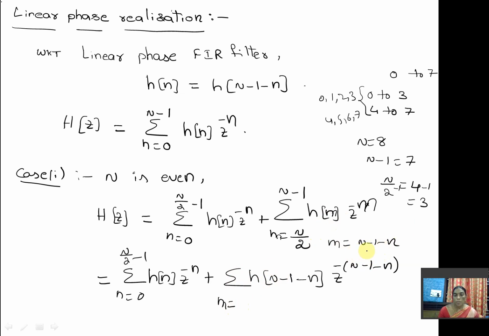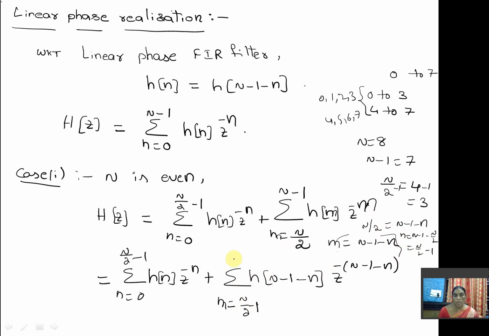It's okay. m equals N minus 1 minus n means here, for n equals N by 2, m is N by 2 minus 1. Then for the other limit, n equals N minus 1: m is N minus 1 minus N minus 1, so the limits of m are N by 2 minus 1 down to 0.